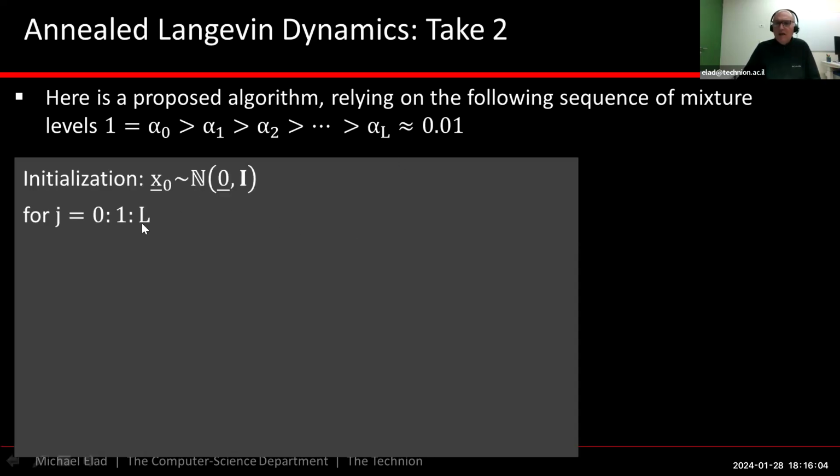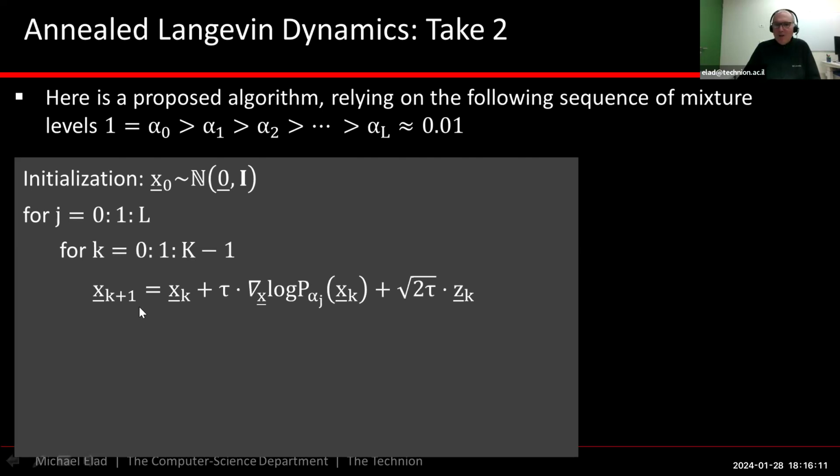Initialize randomly, L outer iterations for the L values here, K inner iterations as before. This is the Langevin dynamics with a proper alpha here, okay? That starts very big, like 1, and ends very small, and close the loop, take the final result here and feed it as the initialization for the next round, and that's it.